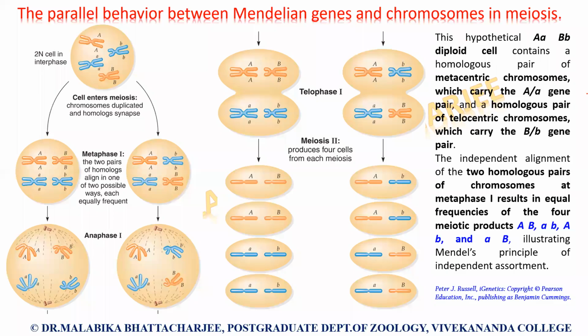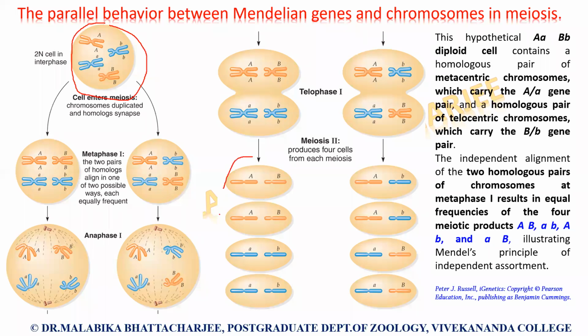As we saw, from the single cell, just like in Mendel's condition, Mendel talked about 2 alleles, if you remember, capital R small r and capital Y small y, and we get the independent assortment of, in this case, the capital A small a and the capital B small b.